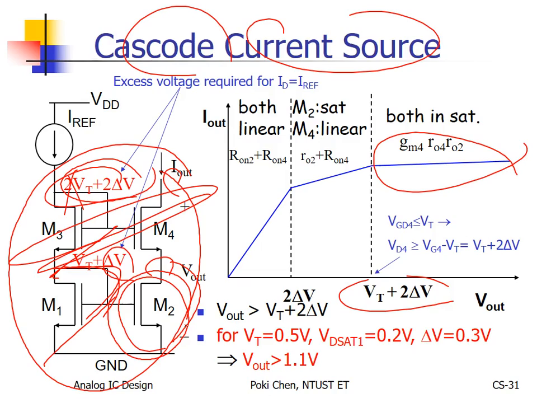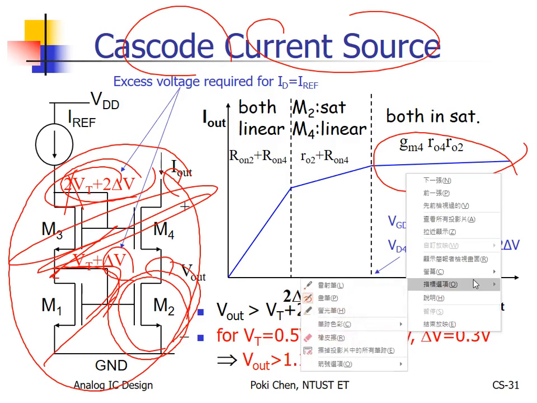More exactly, not only 1 VT more, but 1 VT plus 1 delta V. That is the more exact number you need to pay. So for double cascoding, 2 VT, 2 delta V, too much, to be honest, for practical applications.